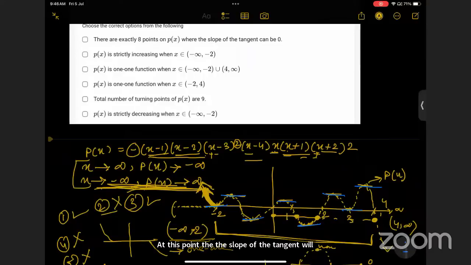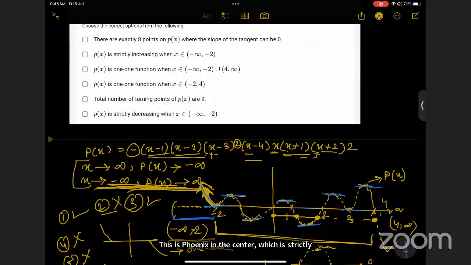Now the second option: P(x) is strictly increasing when x is in the interval minus infinity to minus 2. So this is wrong, right? Because in this interval P(x) is strictly decreasing, not increasing.